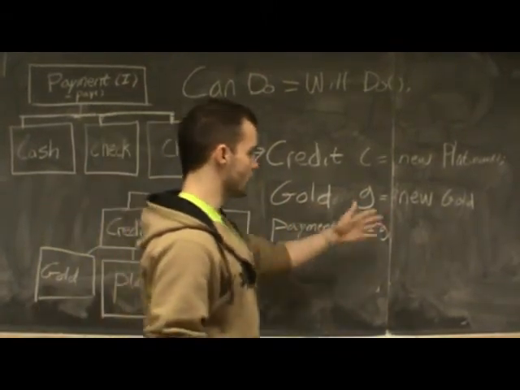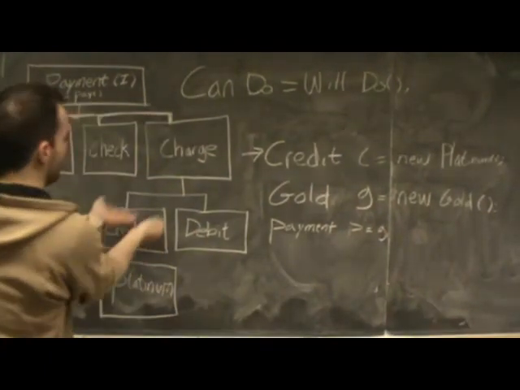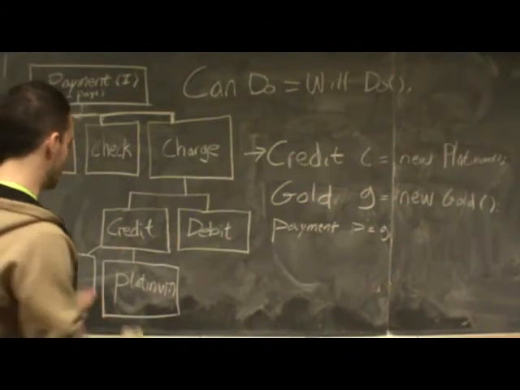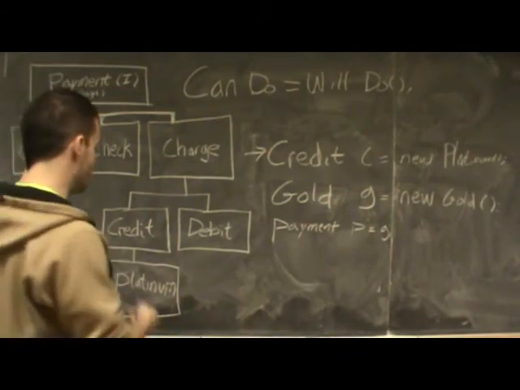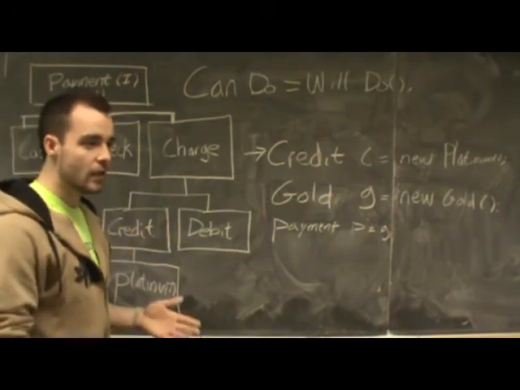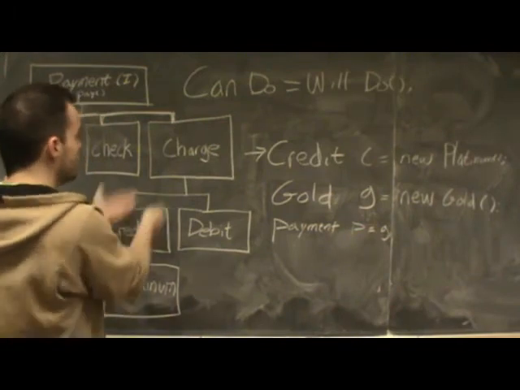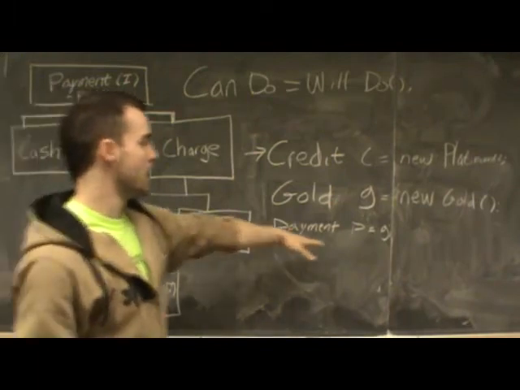We've casted our gold object up to a payment, and that's perfectly fine because anything on the bottom is a whatever is above it. That's the is-a relationship we were talking about. So a gold is a credit, is a charge, is a payment. So I could have payment P equals G here.